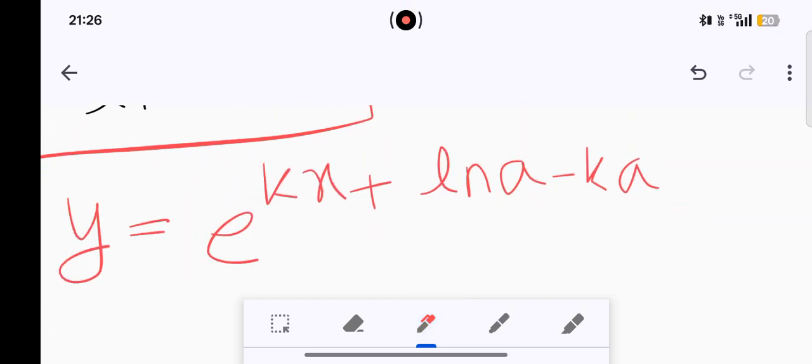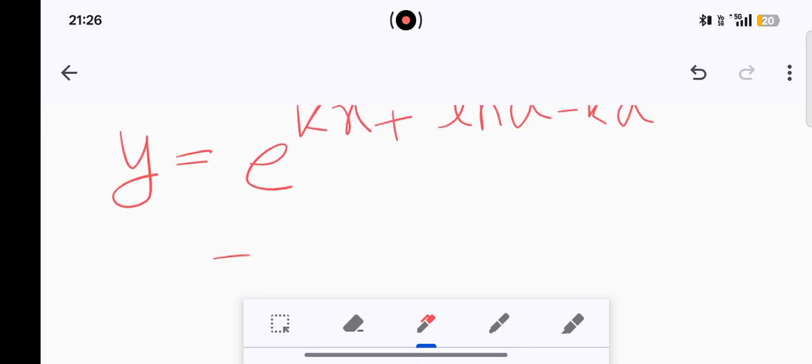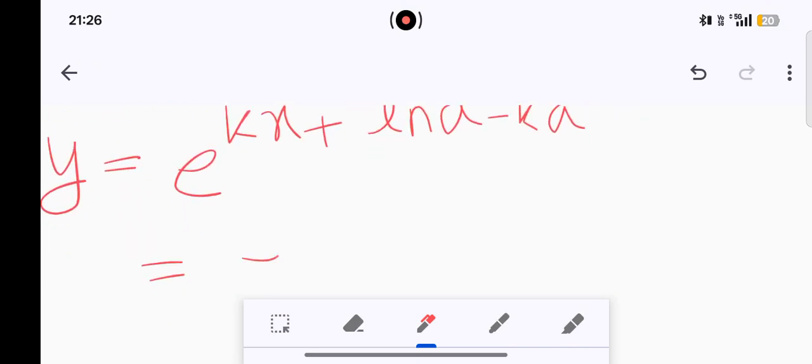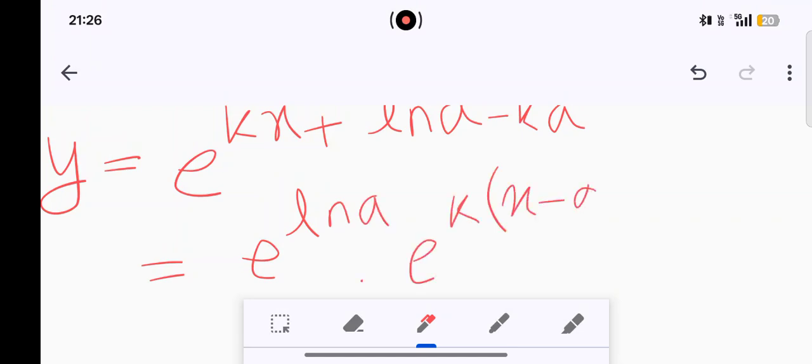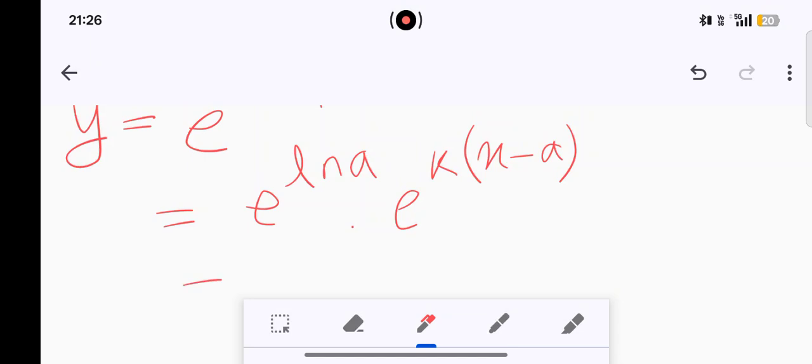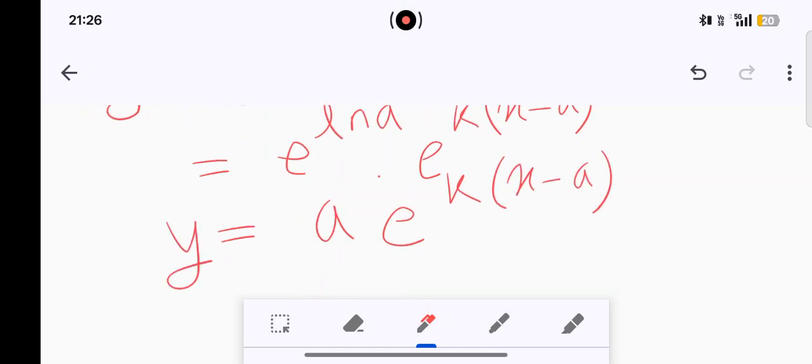Now it is very easy, right? Now what will happen, this is e to the power ln a into e to the power k into x minus a, right? So this will be a into e to the power k into x minus a, and this is y.